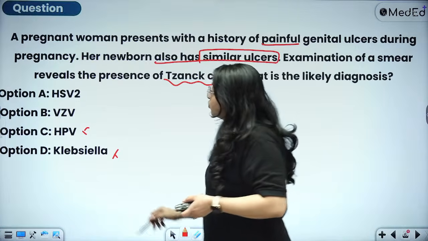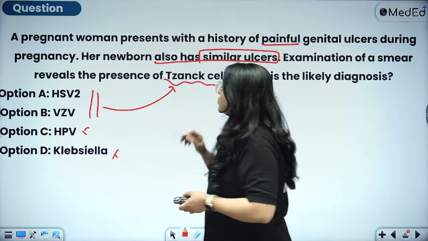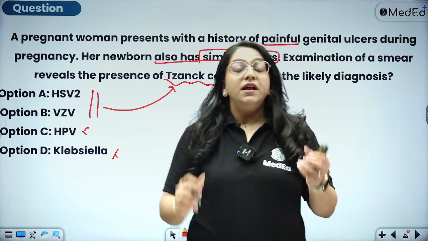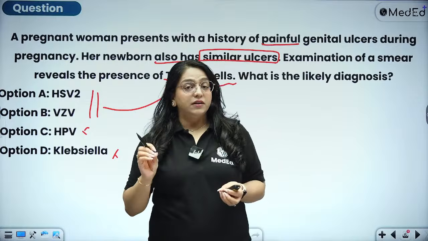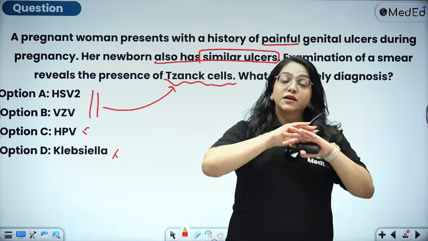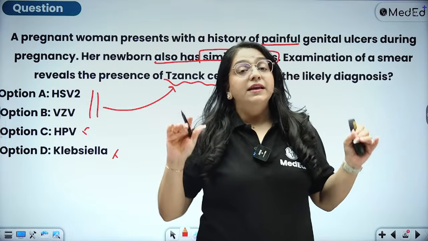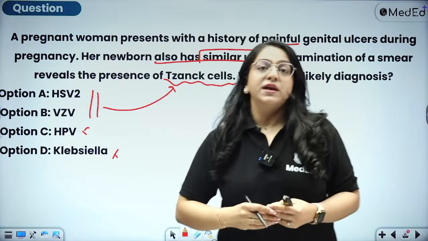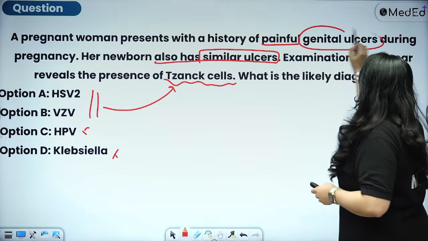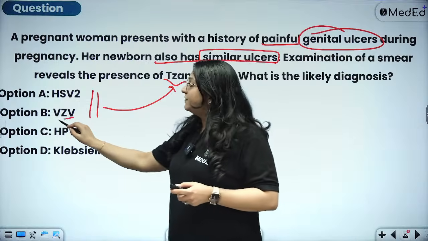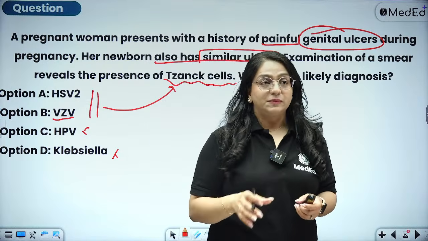What about these two? Now, both of these can show Tzanck cells. The Tzanck smear morphology of varicella zoster and herpes simplex is non-discriminatory. They are both the same cells are shown. So what is important here is the history. Painful genital ulcers. What would have happened in VZV? VZV is chickenpox, right?